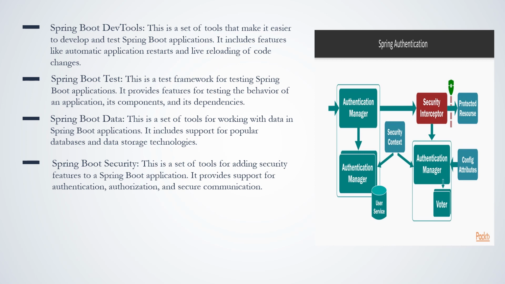And then the authorization part, which is granting or denying access to certain parts of your application based on the user's roles or permissions. This set of tools also supports secure communication, especially HTTPS or SSL, which is very important when you're sending sensitive data over the internet.